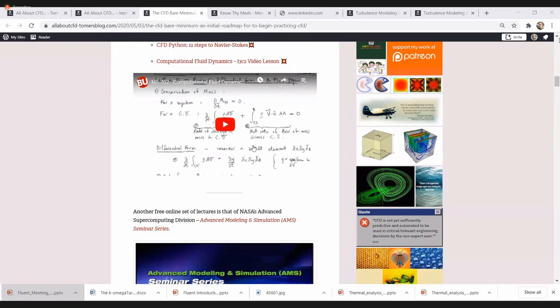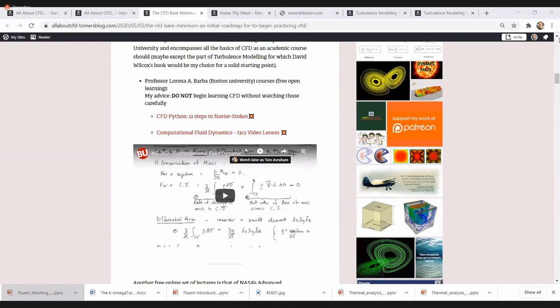That's not how CFD is supposed to be. In this course, they don't even do any post-processing. They just study, develop the Burgers equation and code it with different discretizations. Very good.